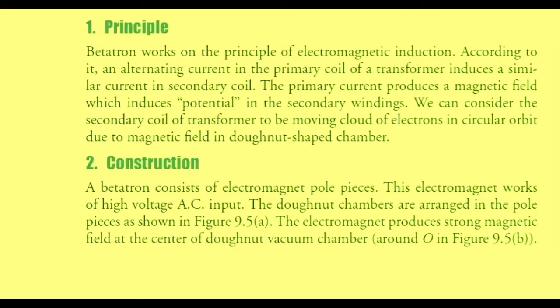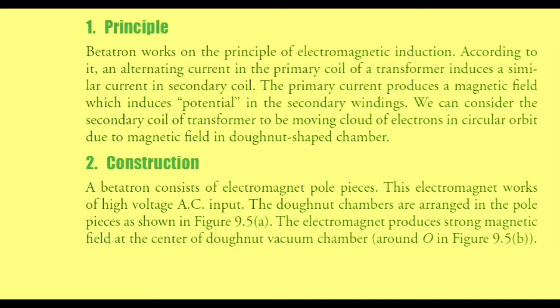Now let us see the principle. Betatron works on the principle of electromagnetic induction. According to this principle, an alternating current in the primary coil of a transformer induces a similar current in the secondary coil. The primary current produces a magnetic field which induces potential in the secondary winding.